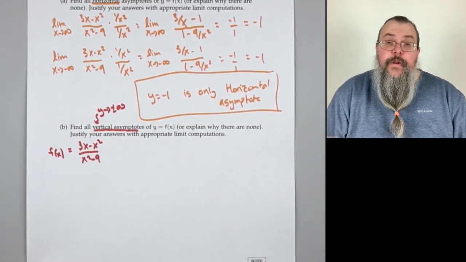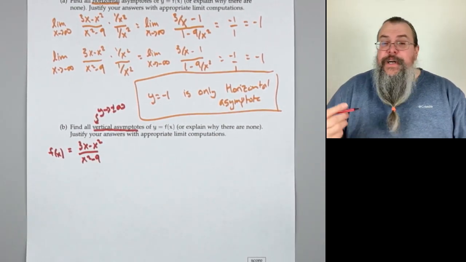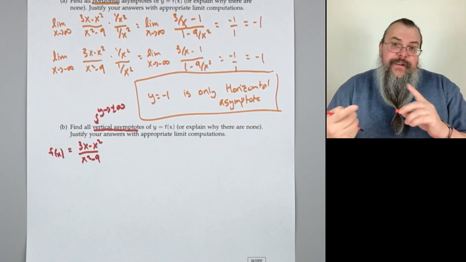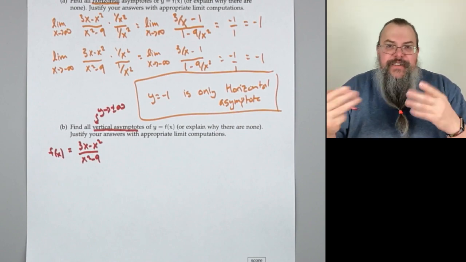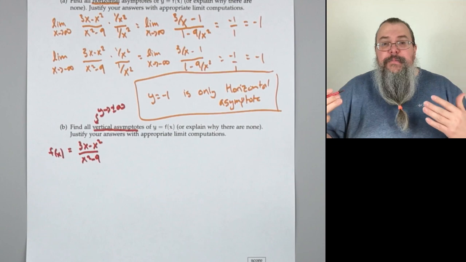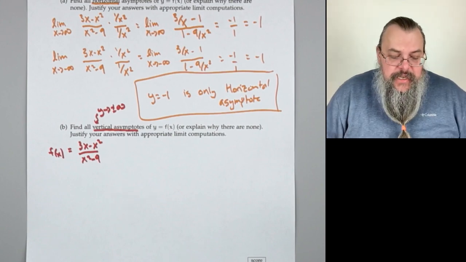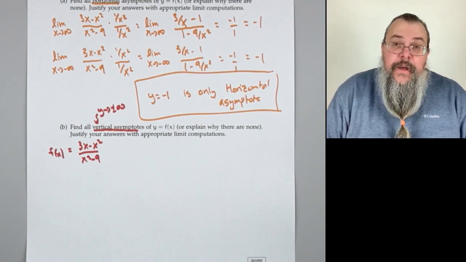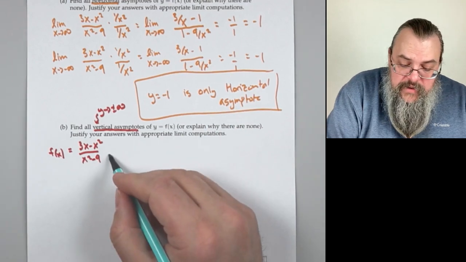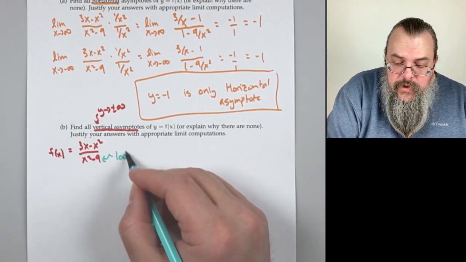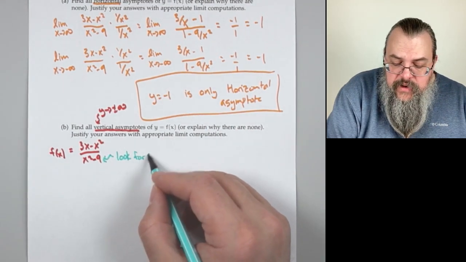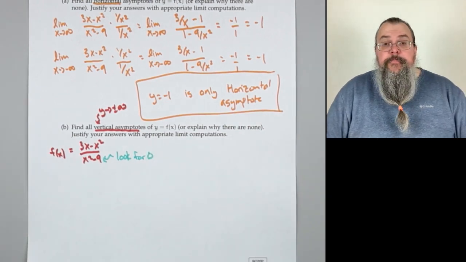Okay, so when we're looking for things to blow up, there's a couple of things that can do it. If you have a tangent or secant or something like that, that causes a blow up. But really the key is to say you have a division by 0. So you're looking for 0 downstairs in our denominator.